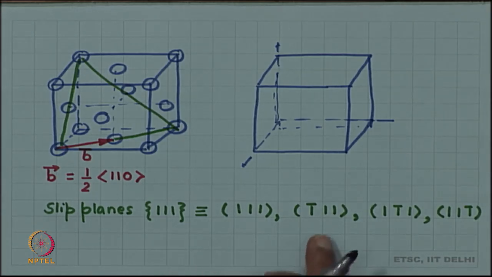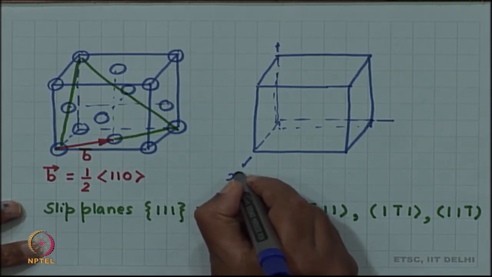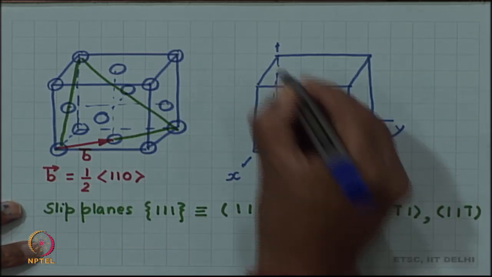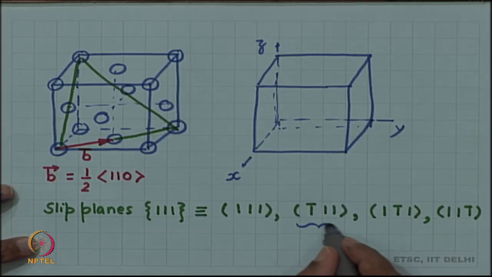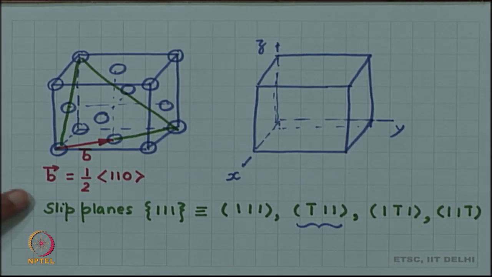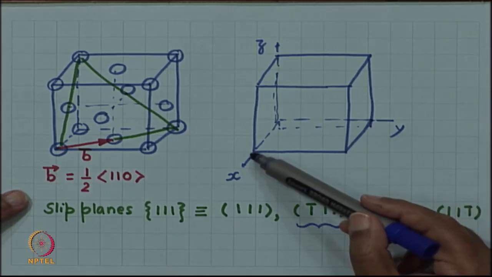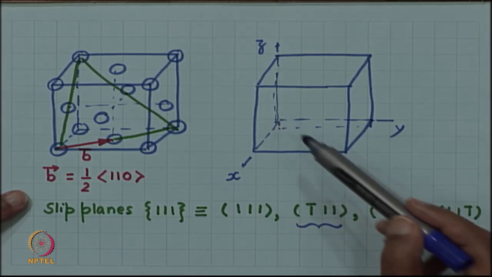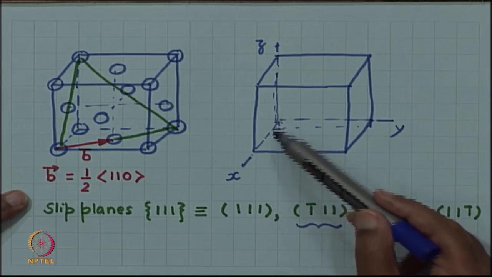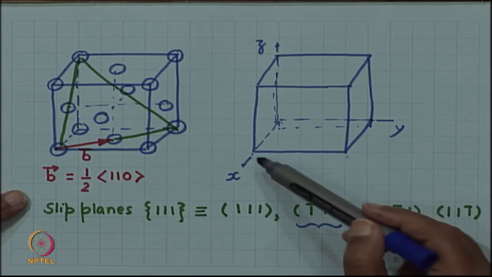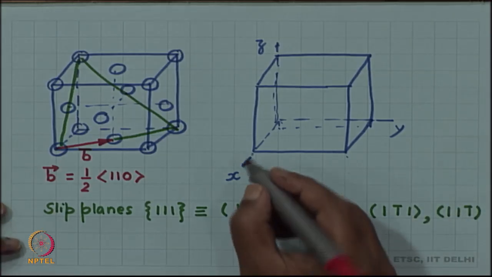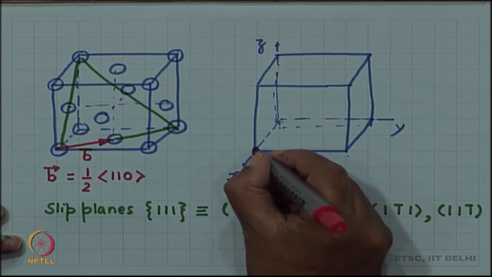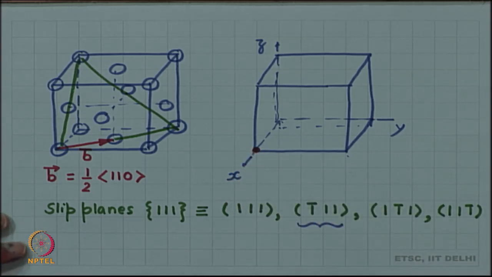Let me take bar 1 1 1. So, let me use this as x, y and z, and let me draw the bar 1 1 1 plane. So, I need to go negative in the x axis, positive in the y and positive in the z. So, this may be a suitable choice of origin for that purpose.